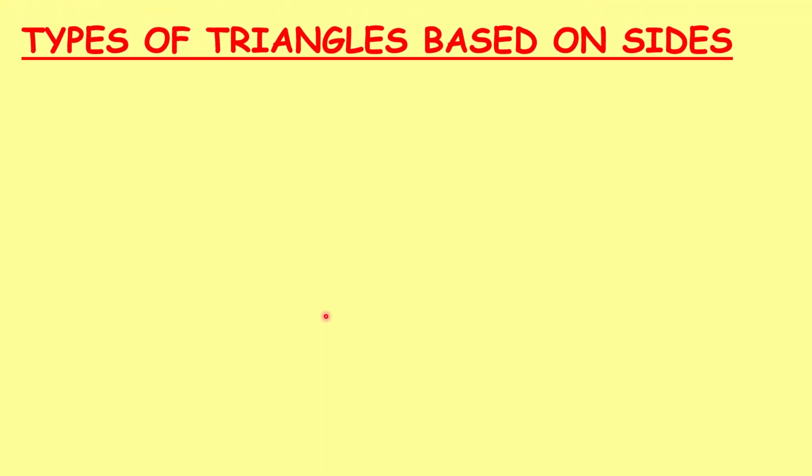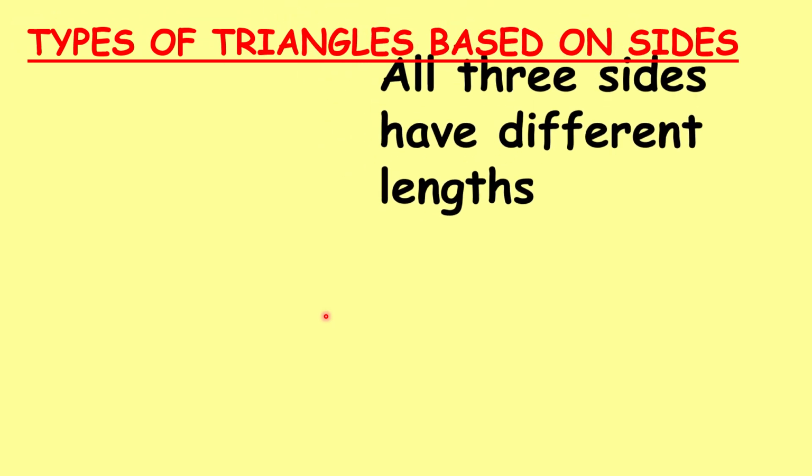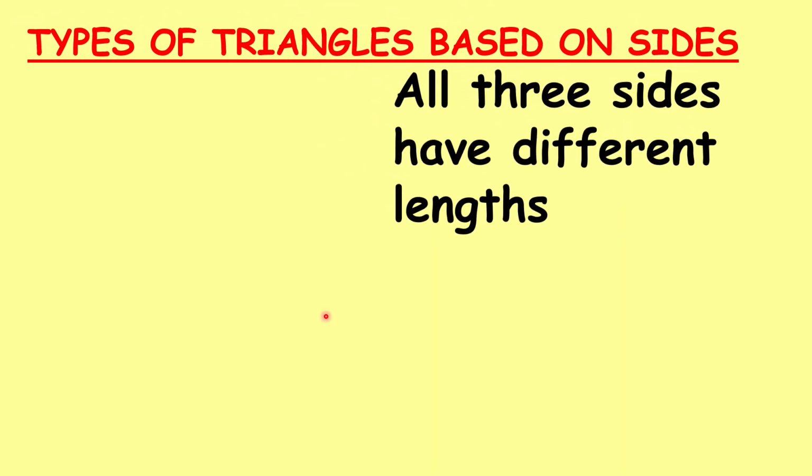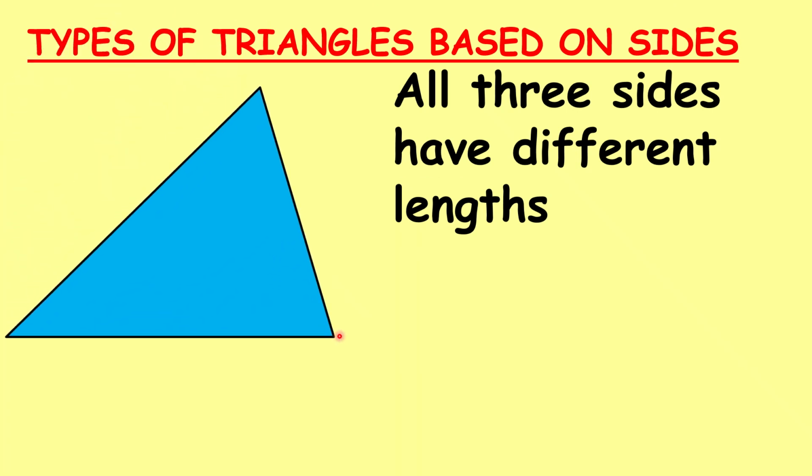Another type of triangle based on the sides is where all the three sides have different lengths. All the three sides have different lengths, and that is designated by one line here, 2, 3.